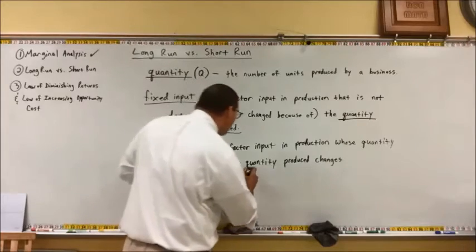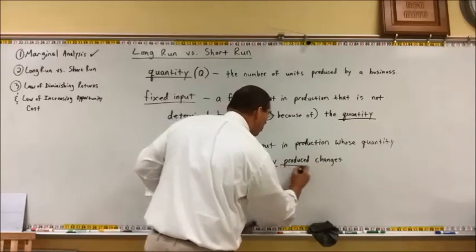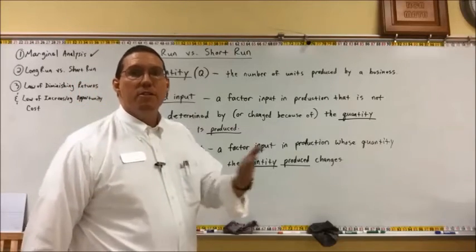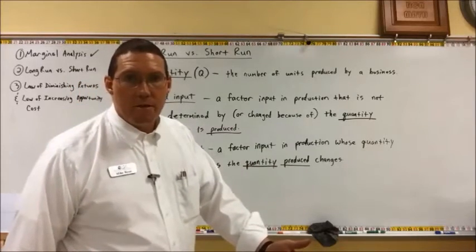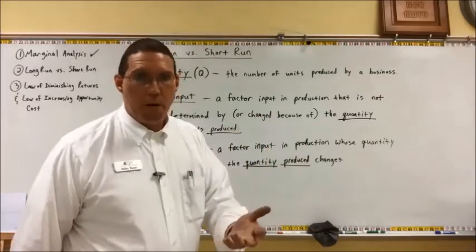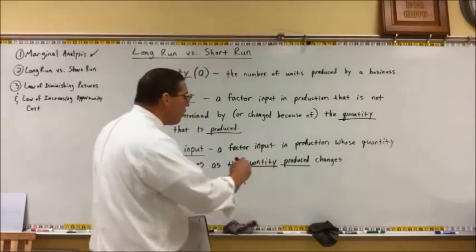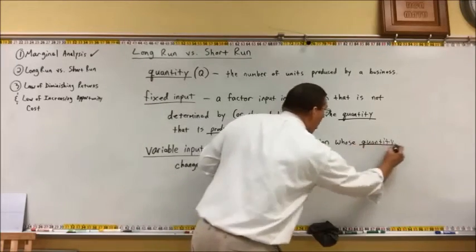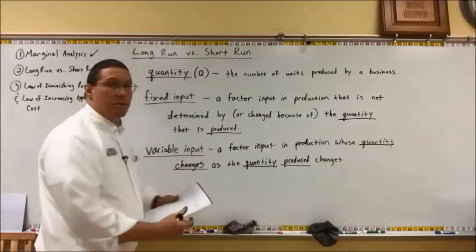As the quantity of pepperoni pizzas produced changes, if they make 7 pepperoni pizzas, then they need 350 slices of pepperoni. So when the quantity becomes 7, the quantity of pepperoni slices changes.